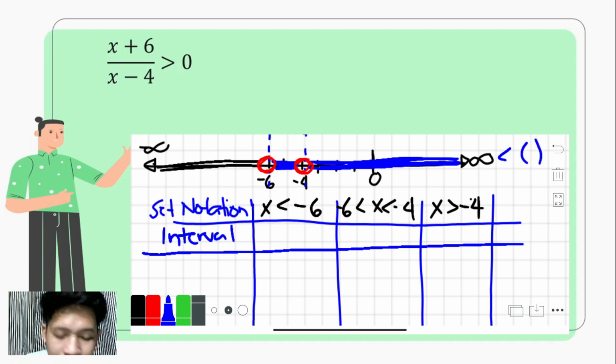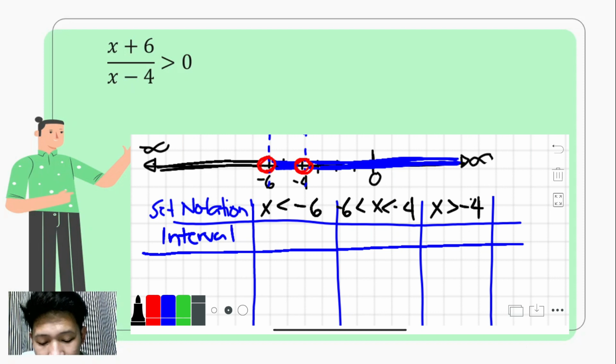Pero kapag may equal to na po siya, ang ginagamit na po natin ay bracket. Okay? But since greater than and less than lang yung nakikita natin, then ang gagamitin lang natin would be parentheses lahat. So we have here, lagi tayo nagsisimula sa maliit. So from negative infinity to negative 6.